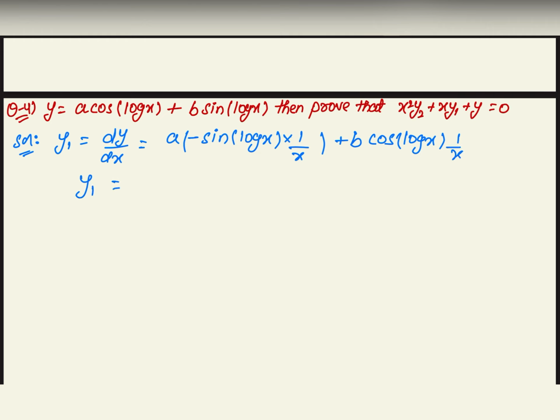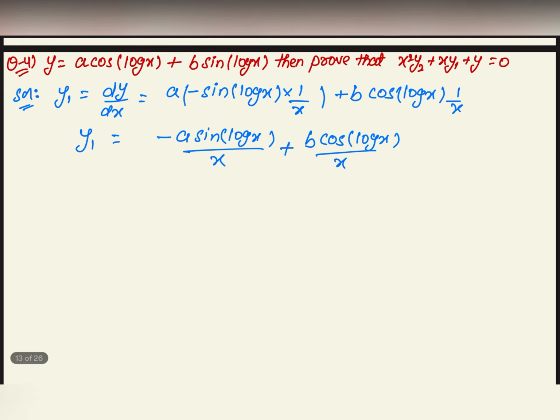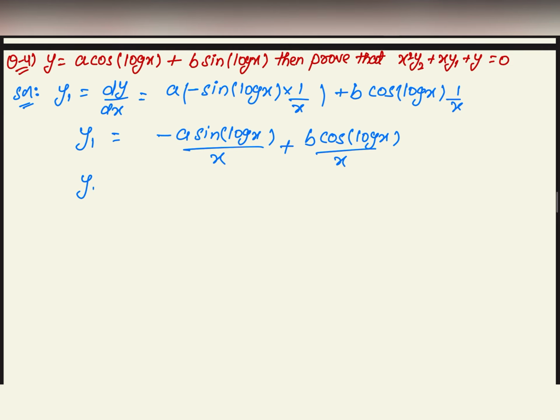So y1 is equals to minus a sin log x divided by x plus b cos log x divided by x, that is x in the LCM.